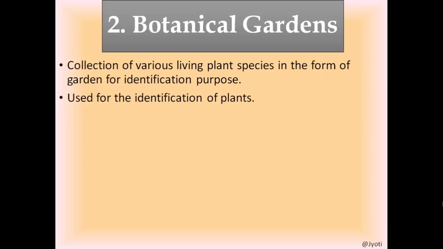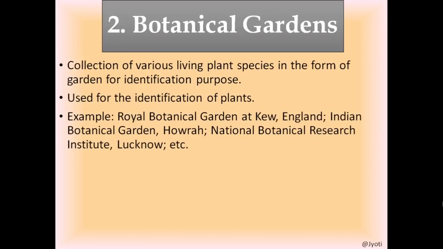Both are applicable for plant species, but in the herbarium we preserve dead plants, while here living plant species are collected and conserved, a natural habitat is created for them, and then it is used for identification. For example, Royal Botanical Garden at Kew, England; Indian Botanical Garden, located in Howrah.